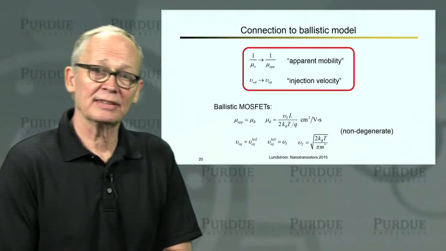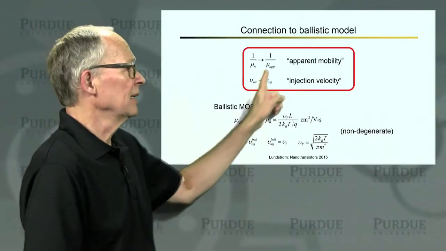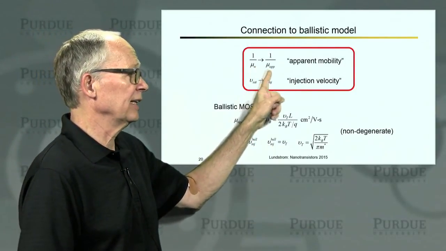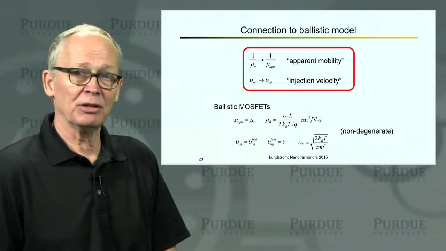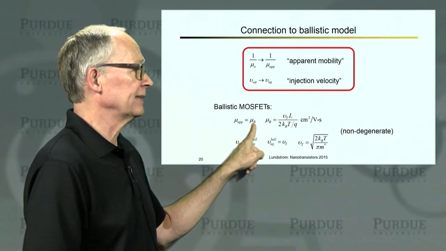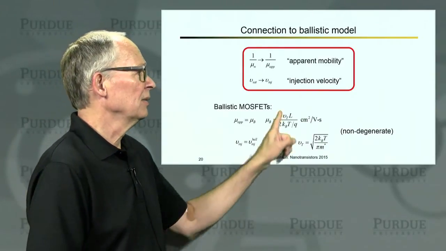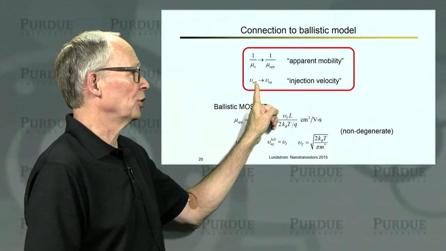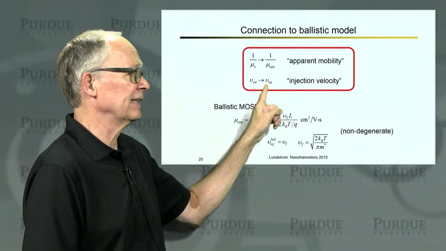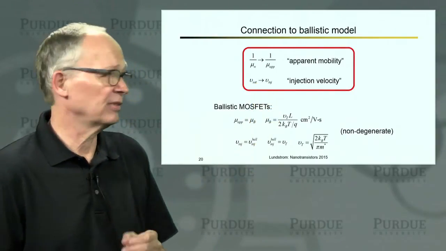And what we showed is that we can clearly relate this. We simply interpret the mobility in that traditional model as the apparent mobility. And in the ballistic case, that apparent mobility we showed is the ballistic mobility. We simply interpreted the saturation velocity in that traditional model as the injection velocity.